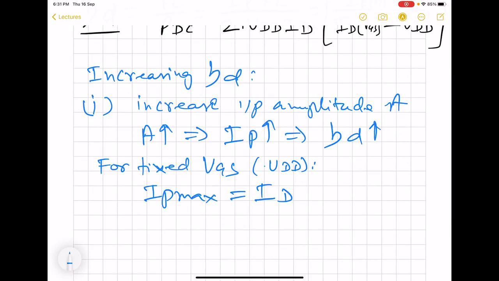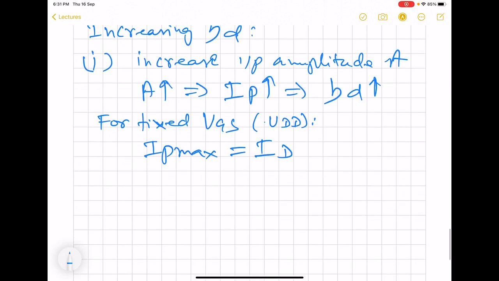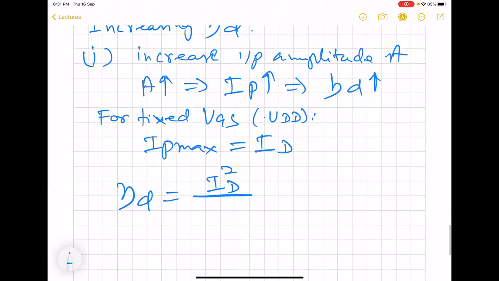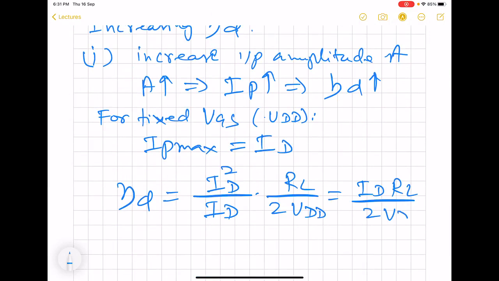So we simply increase the input, IP increases, it becomes equal to ID, and then we have a slightly increased eta D, and this eta D is going to be given by ID square divided by, now in place of IP, we write ID, into RL divided by 2 VDD. So this becomes equal to ID RL divided by 2 VDD.